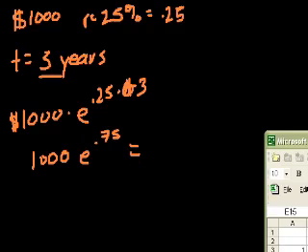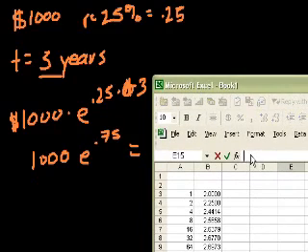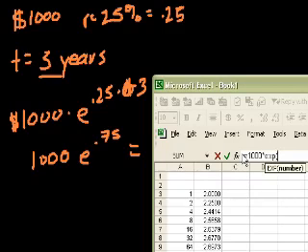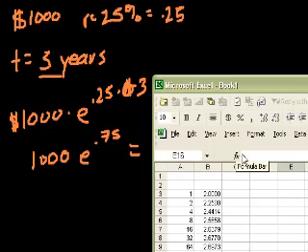And let me calculate what that is in Excel. Just so you know, if you're familiar with Excel, e to a power is EXP. So that's e to some power, and in this case it's 0.75. And so I get my answer.